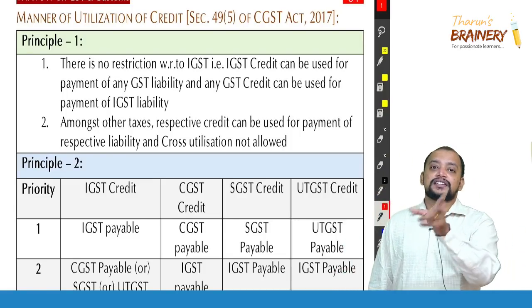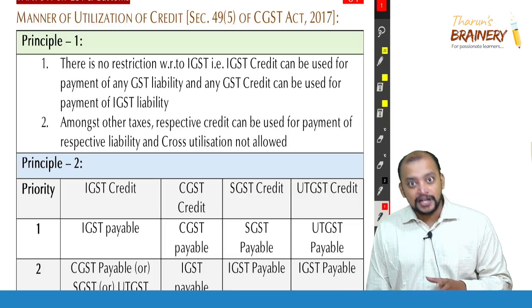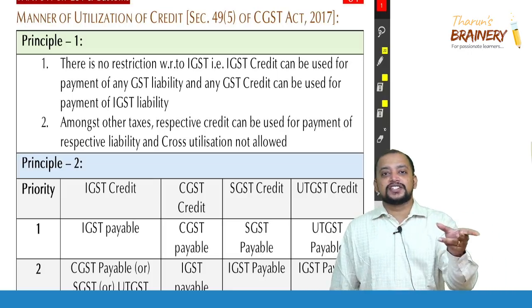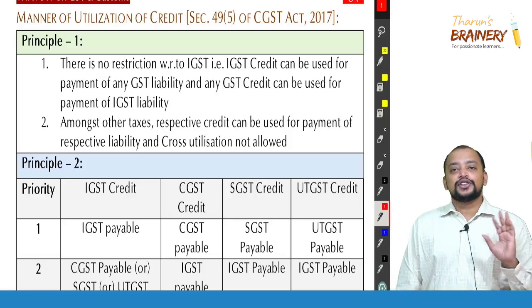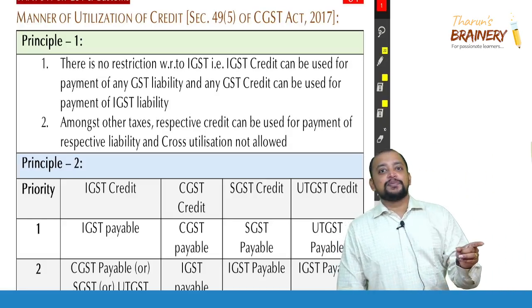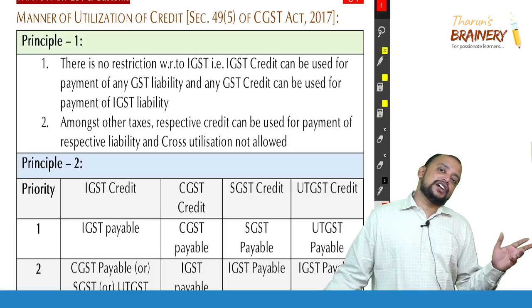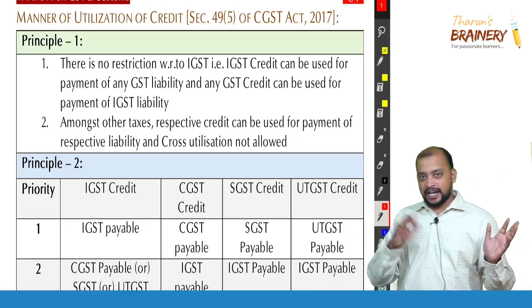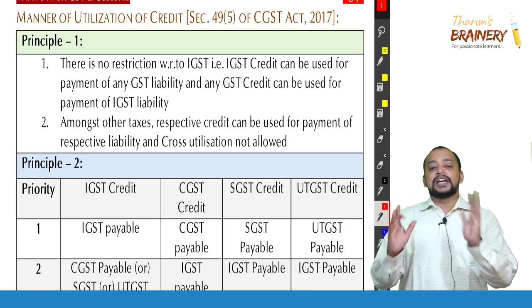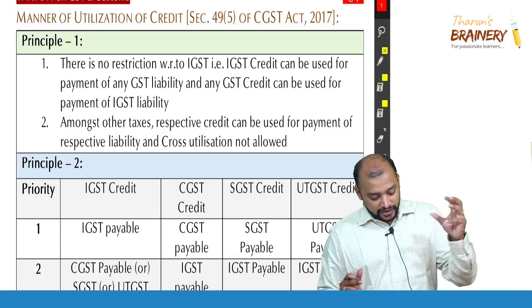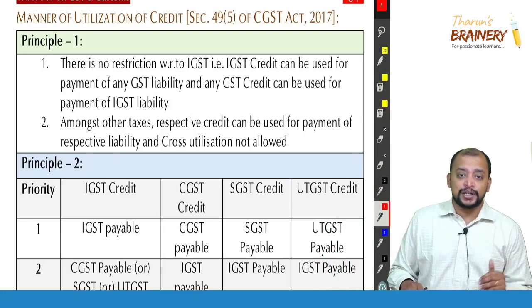Wife will never adjust with that boy's parents, correct or not? Same way, boy's parents will not adjust with that son's wife. Therefore, CGST cannot be adjusted against SGST, UTGST, or SGST, UTGST cannot be adjusted against CGST, but with IGST it can be adjusted. Okay, that is principle number 1.